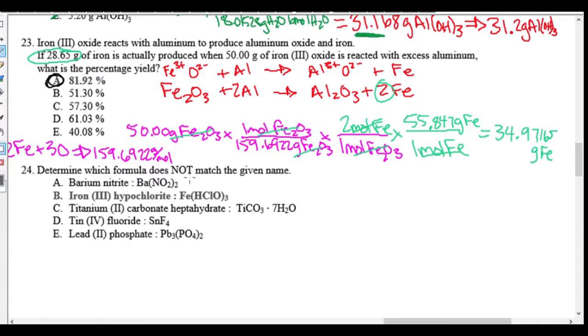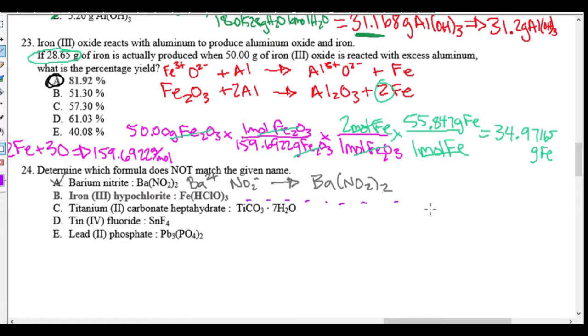Alright, so barium nitrite. So barium is Ba2+, right? And then nitrite is NO2-. So when we put those together, we're going to get Ba(NO2)2. That checks out. Alright, iron 3 hypochlorite.